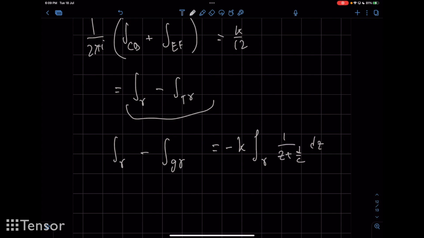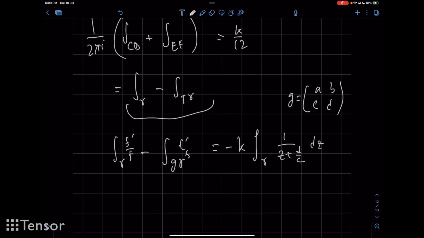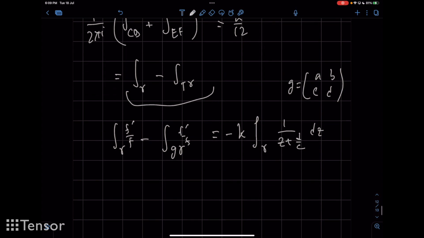And what is d over c? Well, G is (a b; c d). And we need to remember that the function we are integrating over is f prime over f. It's really tiring to write the integrand all the time, so I'm kind of taking a shortcut.